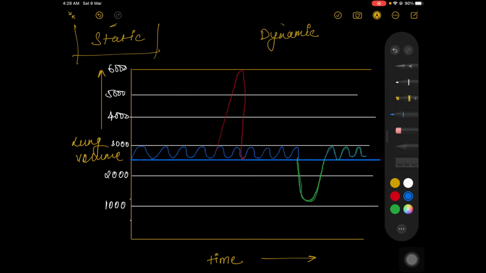So that is the expiratory reserve volume, and the amount of air which will be left after that will be the residual volume. So let's mark it over here.